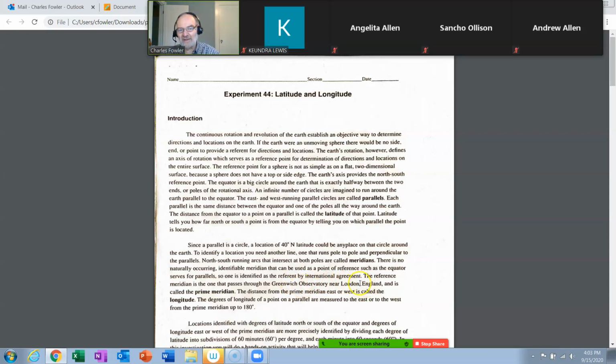It's not in London, but a little to the east of it. It's called the prime meridian, and you measure longitude along your meridian lines. Now the longitude goes from 0 at the prime meridian all the way halfway around the globe to 180 east or 180 west. Whereas the parallels go from the equator 90 north or 90 south. So different numbers there, and there's a reason for that.